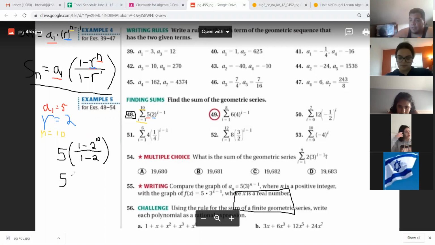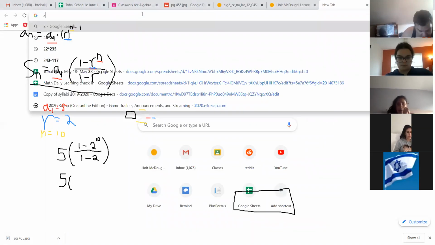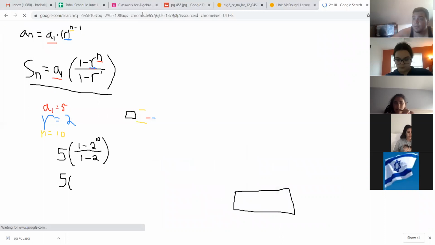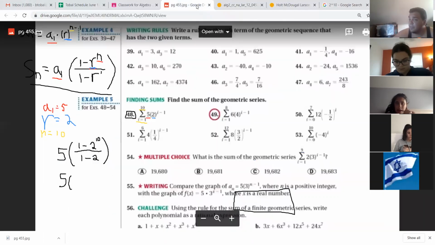So 5, the top part is 1 minus 2 to the 10th power. I don't know offhand what 2 to the 10th power is, so I'll just use Google to tell me. So 2 to the 10th power happens to be 1,024. We're going to subtract 1 away from it. So 1,024 minus 1 is 1,023.